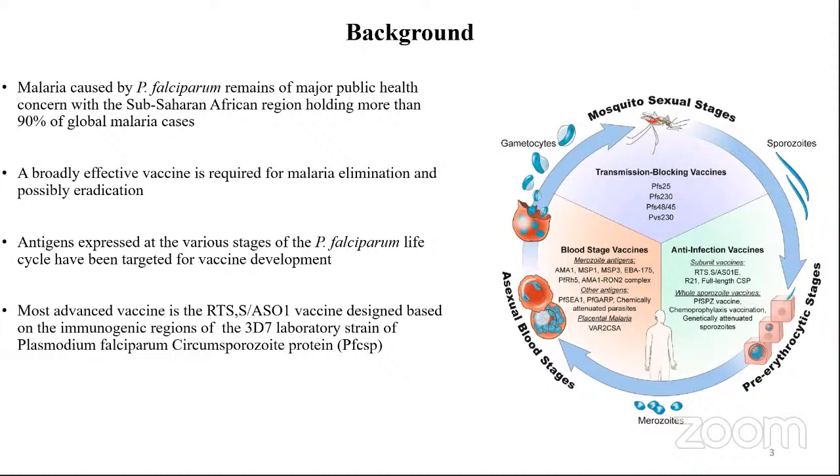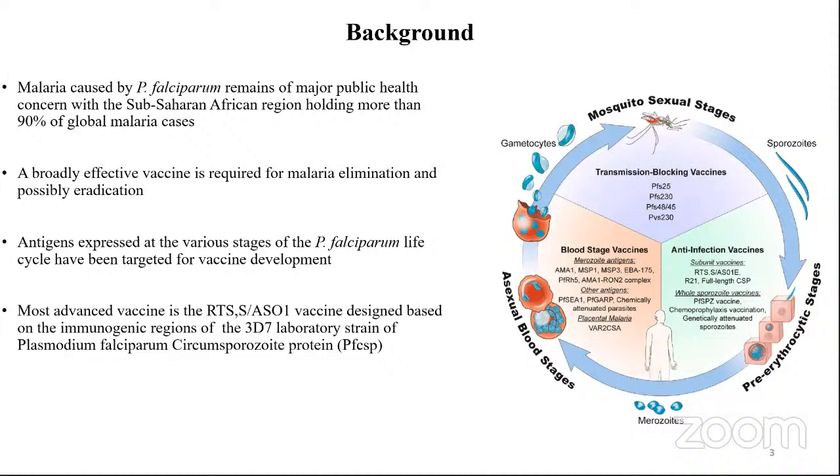The process continues to infect red blood cells, and they develop into merozoites, gametocytes, and then the cycle continues again. However, these vaccine antigens have been grouped into three major categories: the transmission blocking vaccines, the anti-infection vaccines, and the blood stage vaccines.